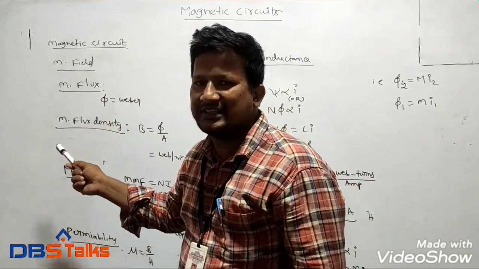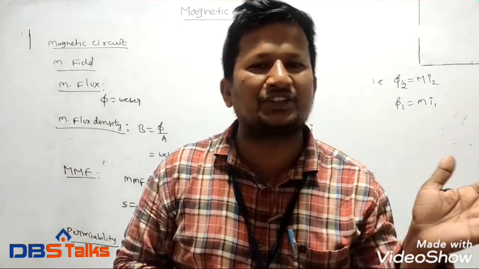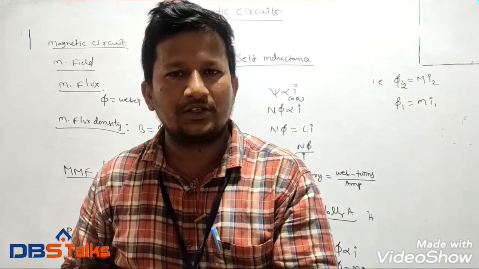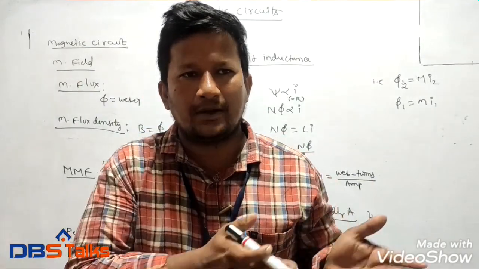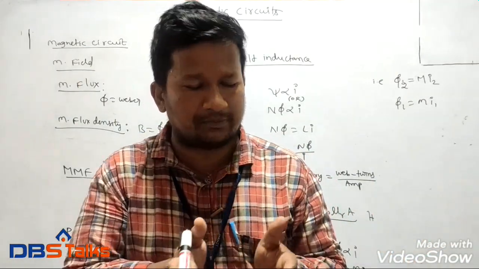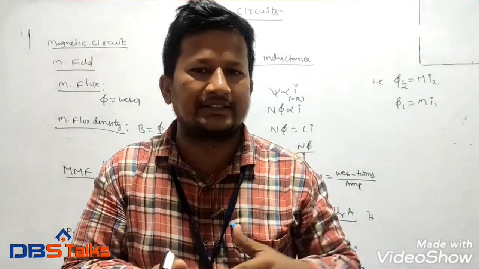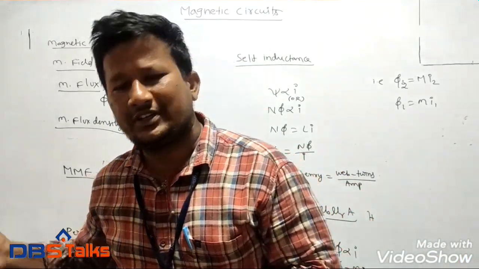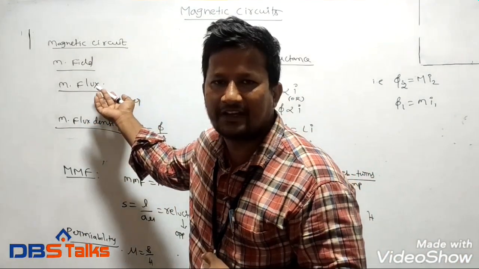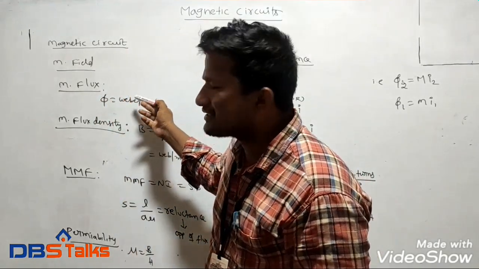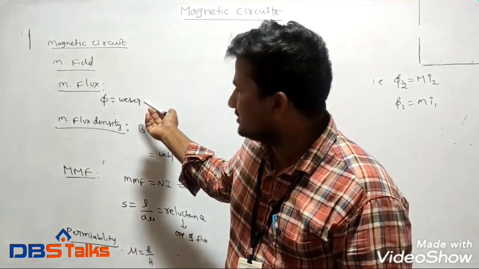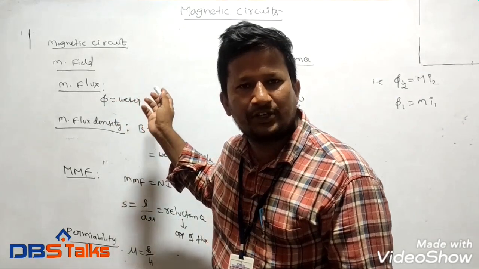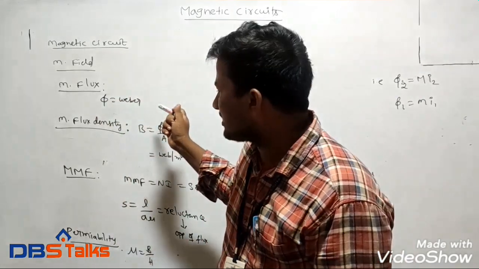Magnetic flux is the flux lines flowing from north pole to south pole around the north pole or south pole. That flow of flux lines is represented by magnetic flux lines. Magnetic flux is measured in Weber. The unit of magnetic flux is Weber.